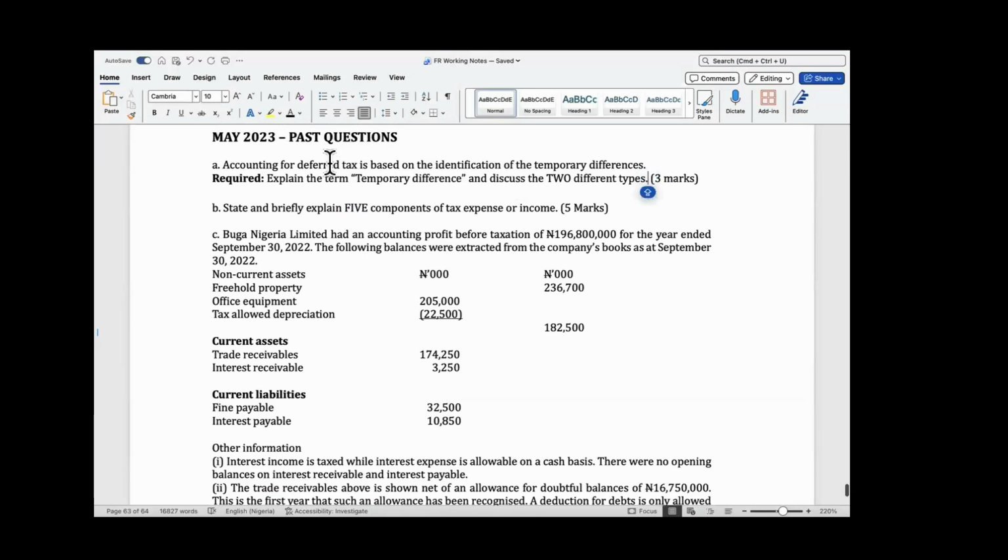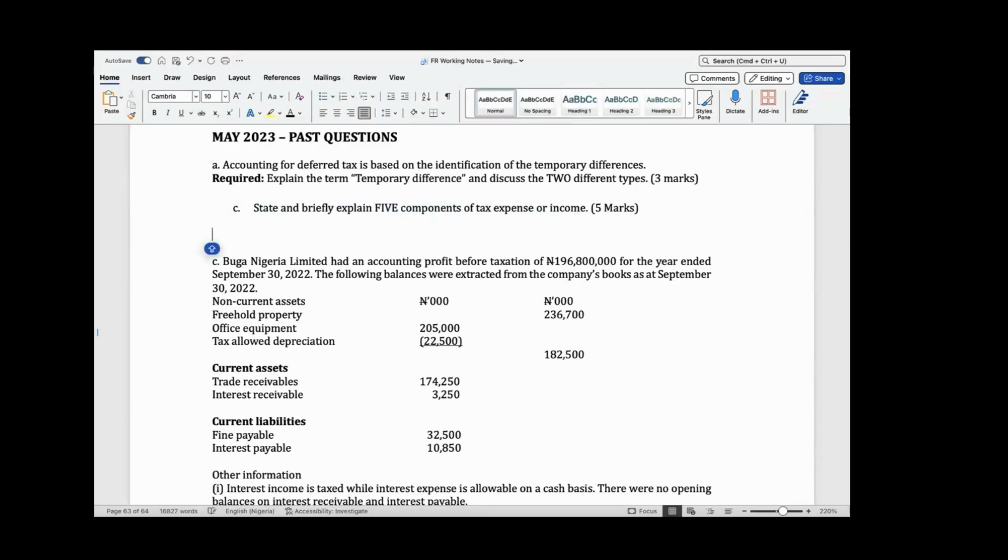So, yeah. State and briefly explain 5 components of tax expense or income tax expense. So what are the 5 components of tax expense? I think I told you this one.